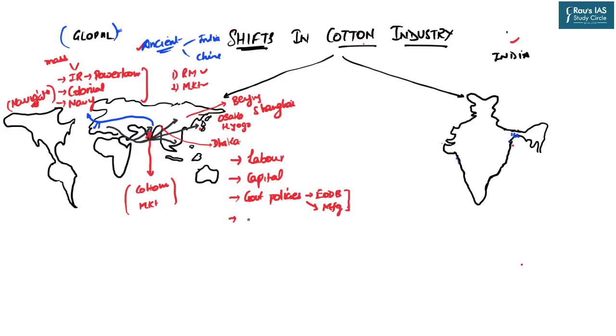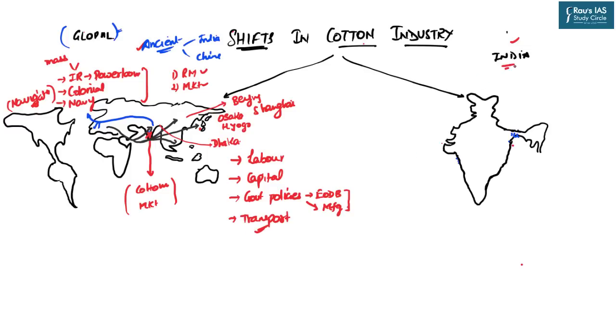Then came transport modernization. With the modernization of transport facilities in terms of rail, roads, airways, waterways, ports, etc., the Asian countries are again gaining dominance in the cotton industries. Now, a similar thing has also been witnessed in India.